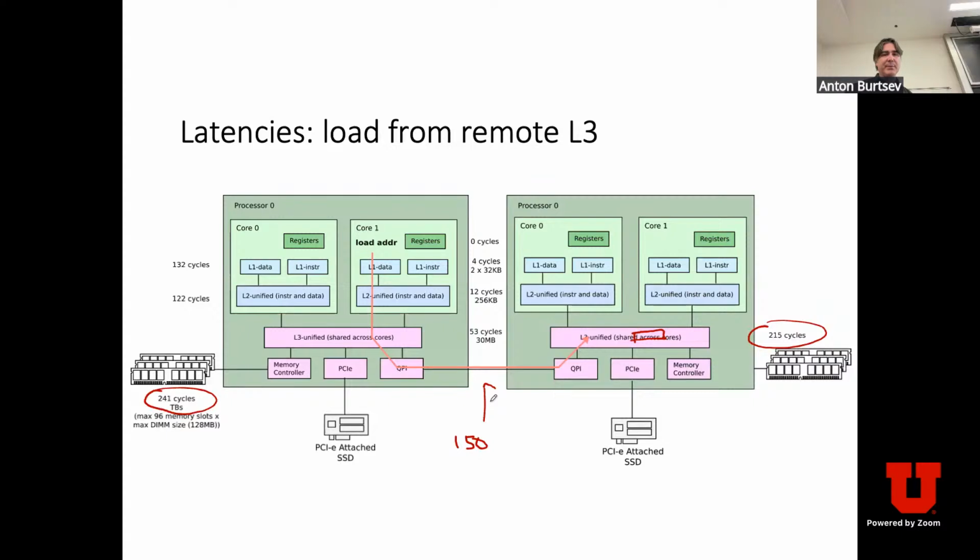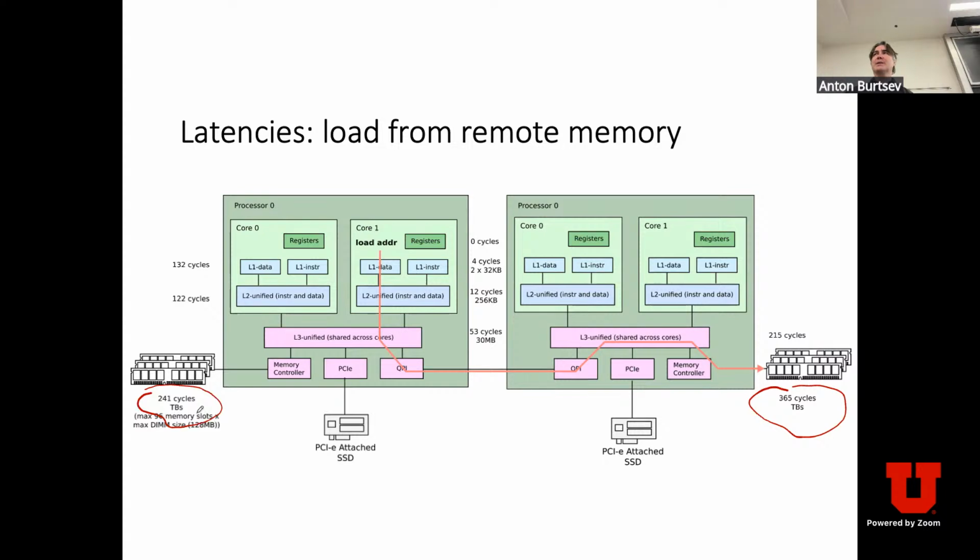And the same kind of logic applies if you go to a remote memory. Suddenly your cycle count goes to 365 compared to 241 locally, so roughly 120 cycles more. If you write very carefully optimized code, you need to understand the proximity of your memories, and the proximity of your devices as well.